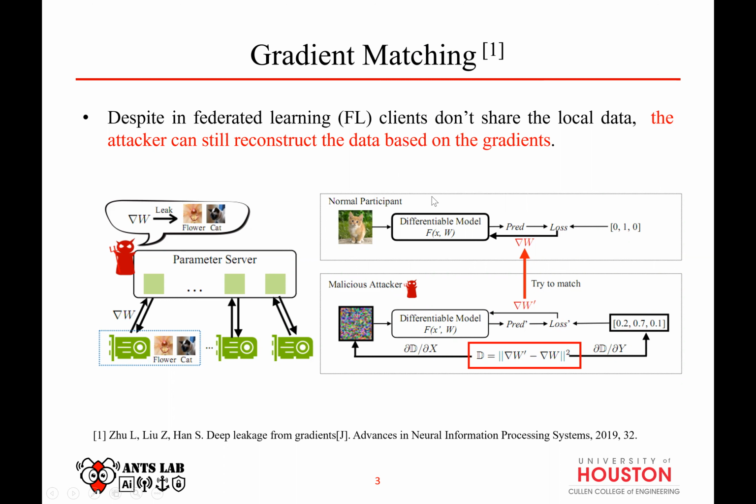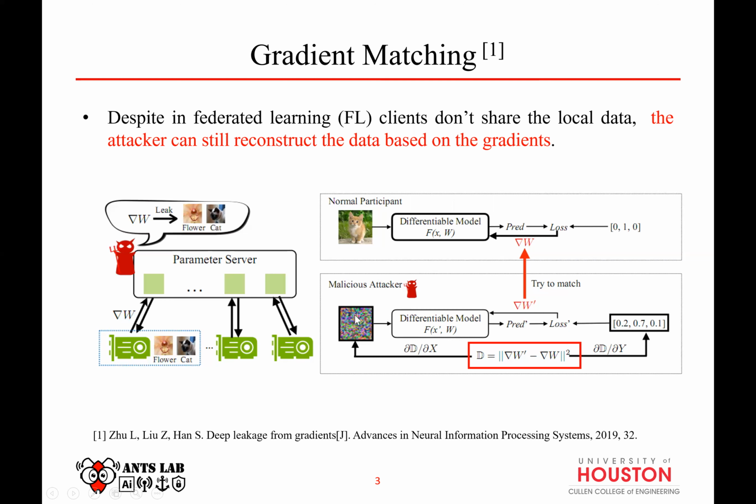The first method is gradient matching. The attacker first randomly initializes a dummy input and a dummy label, and then feeds this dummy input and label into the model and gets dummy gradients.